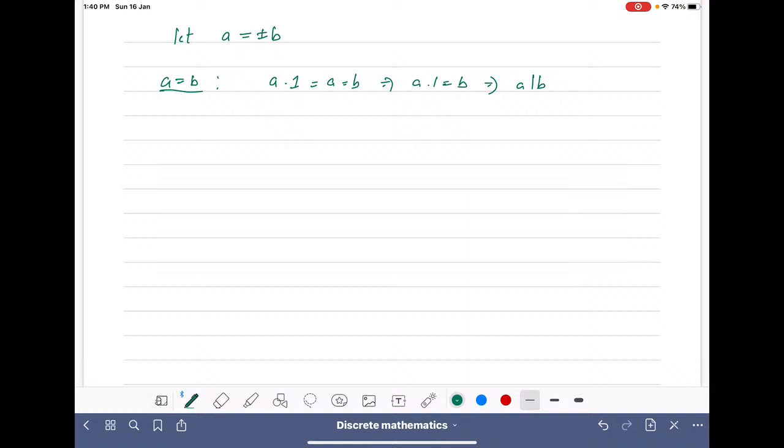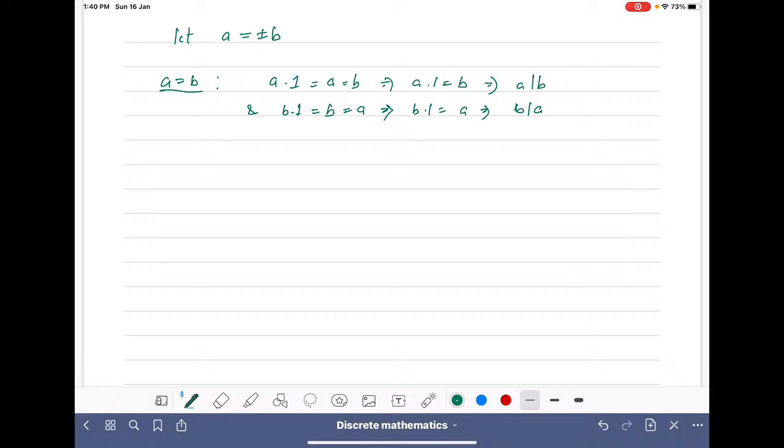Again, b into 1 is equal to b, which is equal to a. This says b into 1 equal to a. That means b divides a. It is important to see the repeated application of the definition.